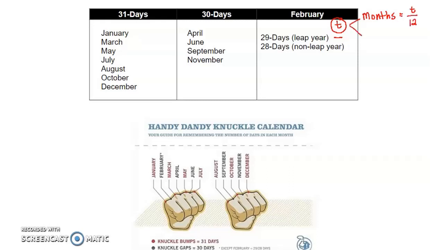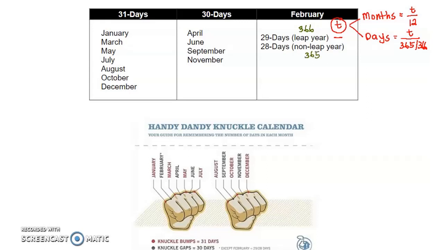If days, how to convert to years? We divide by either 365 or 366, depending on whether it is a leap year or non-leap year. If leap year, we divide by 366. But if non-leap year, divide by 365.